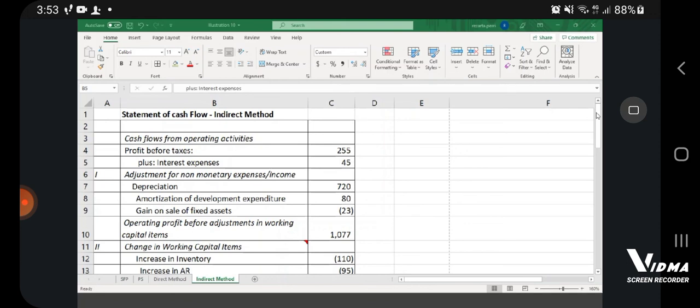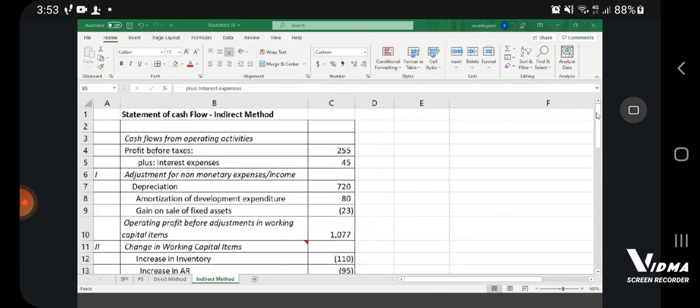So, for example, assume that you are required to calculate the cash receipts from customers. You know that the cash receipts from customers relate to, one, revenue in the income statement, and two, accounts receivable in the statement of financial position.